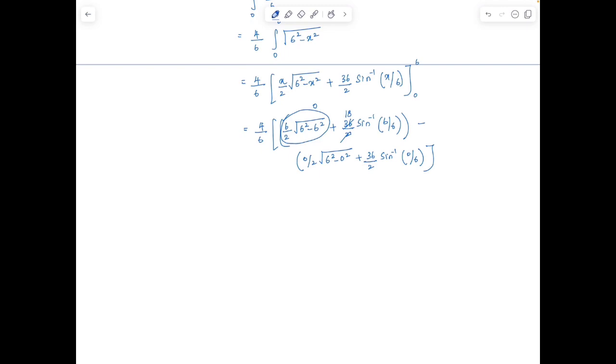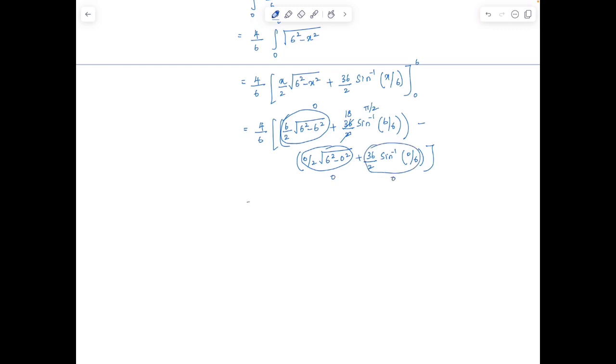Sine inverse of 6 by 6 is sine inverse of 1, which becomes pi by 2. And then 0 by 2 root 6 square minus 0 square also becomes 0. 36 by 2 sine inverse of 0 becomes 0.